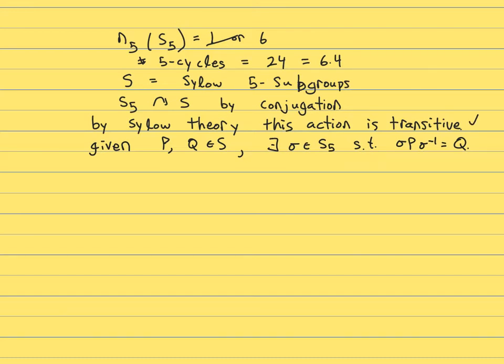But more importantly, because you have an action, you therefore have a homomorphism from S5 into S6. Why? Because S has size 6. And you can check that this homomorphism is injective.